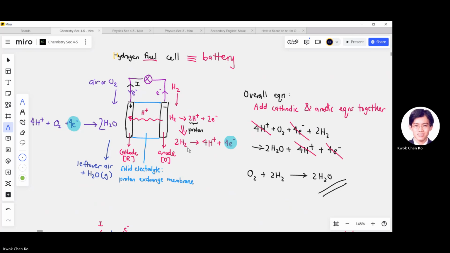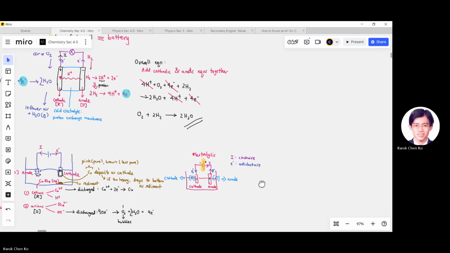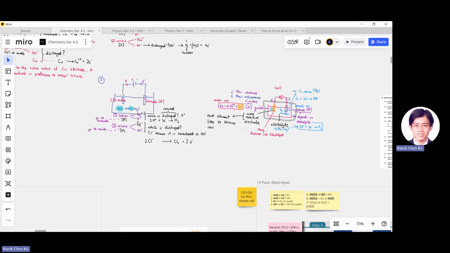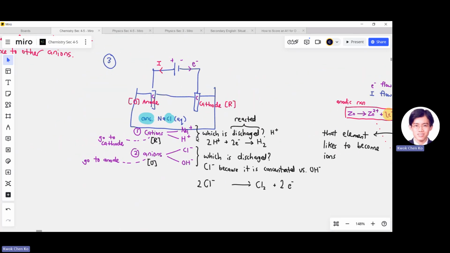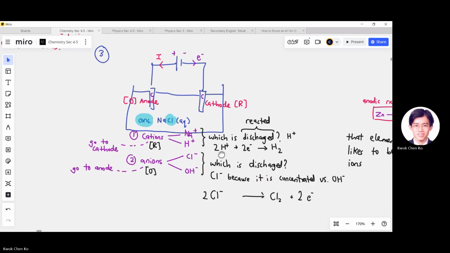So, yeah, try to remember this overall equation concept. It may come out, in fact, high chance of coming out. Okay, any questions, anyone? Of course, if you think clearly, they can ask you about other scenarios too. Let's say for this one, scenario 3. From scenario 3, how to write the overall equation? This one's really quite simple.